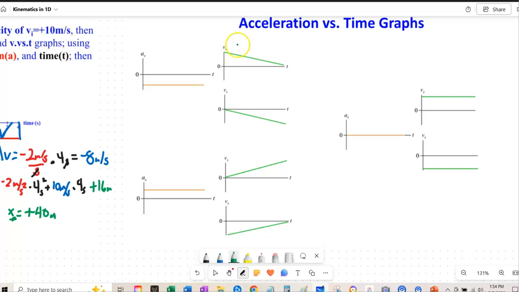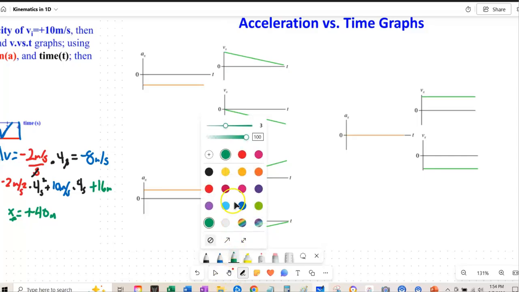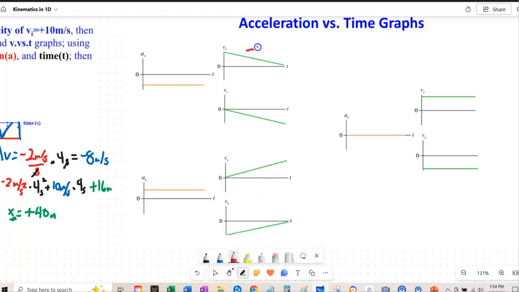So notice that these two velocity versus time graphs are negative in slope. So that tells us that slope is a negative slope. This is a negative a as well, which is going to give us a negative acceleration right here.